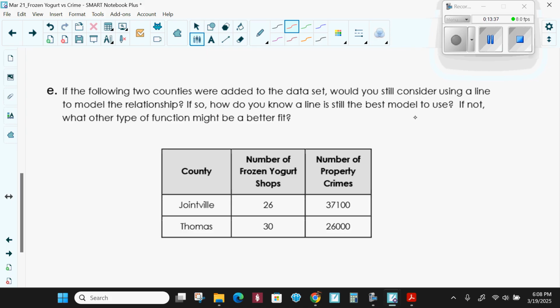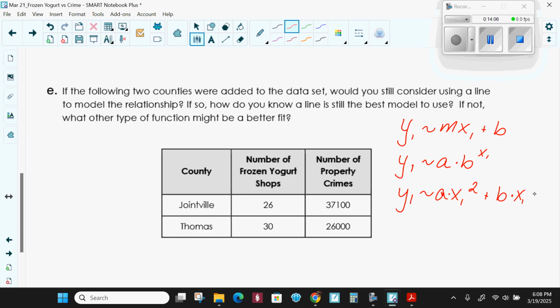Now, again, you want to look at the different types of possible equations. Okay, and just remember, if you're doing this on one table, you can do each one of these equations and look for this one.